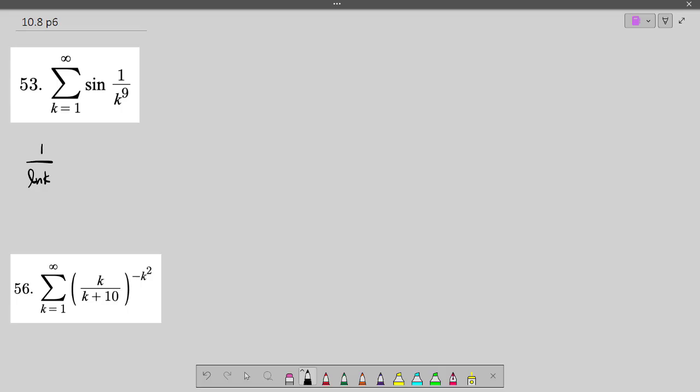So this is kind of one of those oddball ones that maybe we should try a comparison. And the question is what to compare it to. And I want to show you a geometric view of something that is helpful as you go through these math courses.